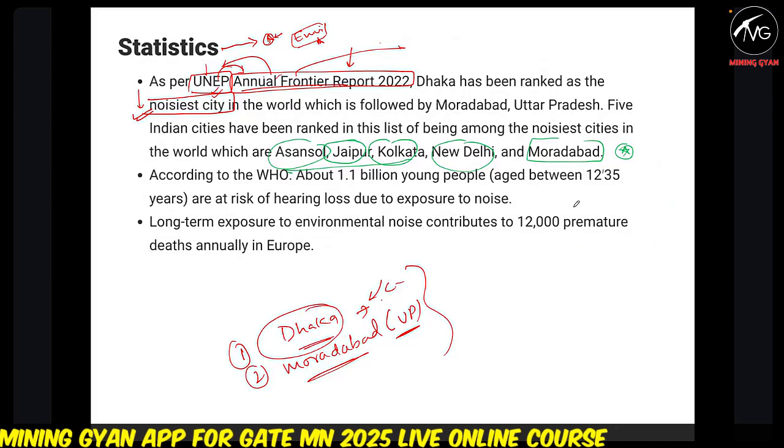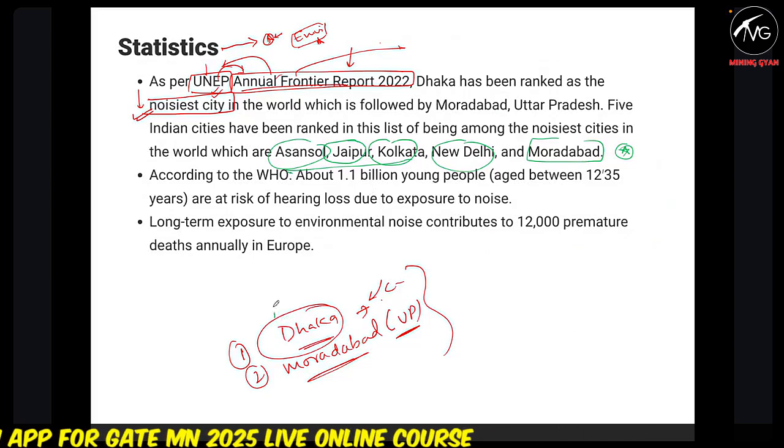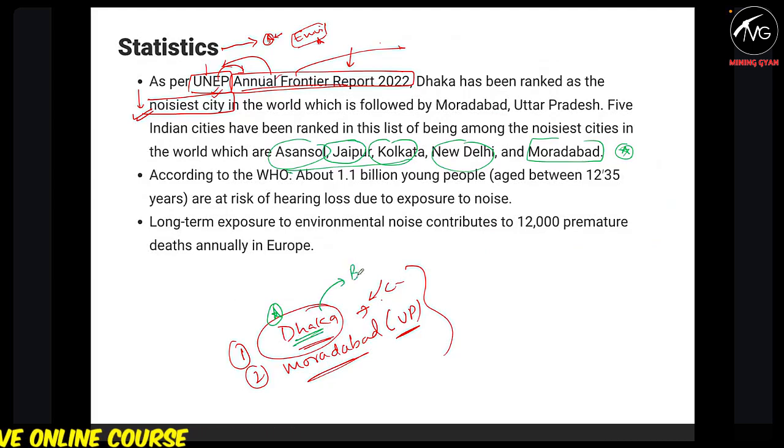कि पहला पॉइंट क्या है कि first city is Dhaka, Bangladesh. Okay, and the annual frontier report is published by UNEP.